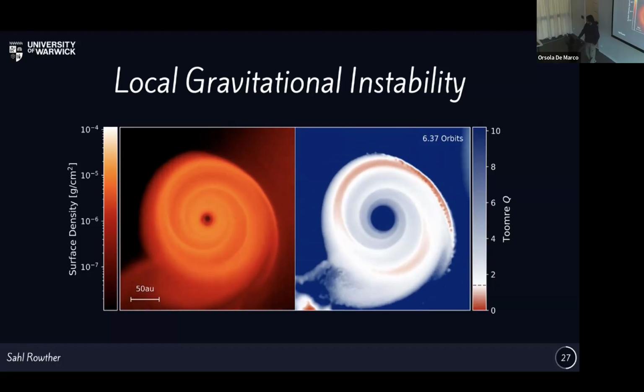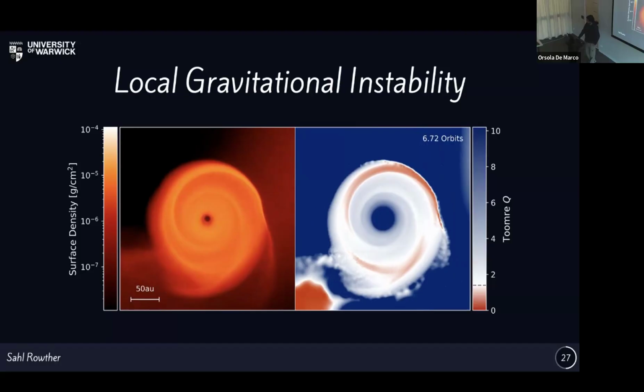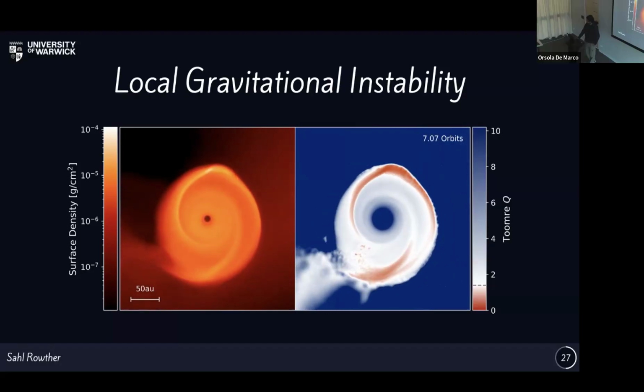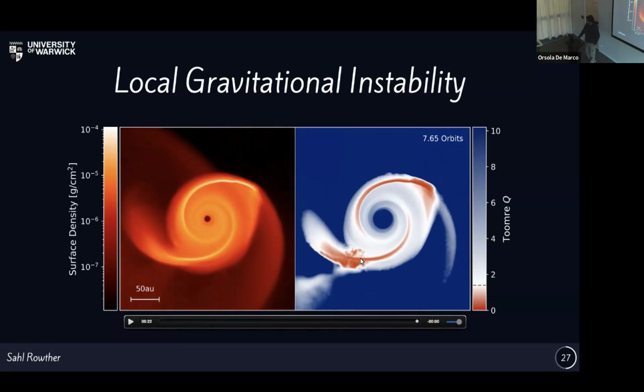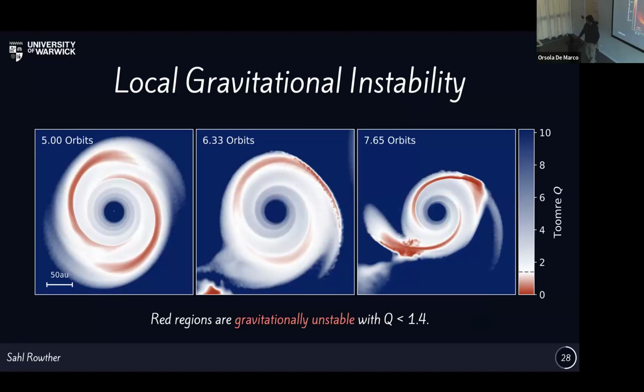As infall impacts the disk, you can see the spirals are becoming asymmetric. And it's also a lot more messy over here, as you can see, infall impacting spiral arms, making the disk more gravitationally unstable in a local area. And I'll show that a bit more clearly in these three snapshots, which compare the three scenarios I mentioned earlier.